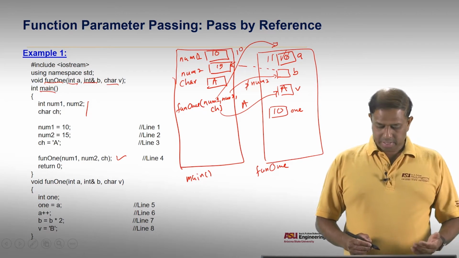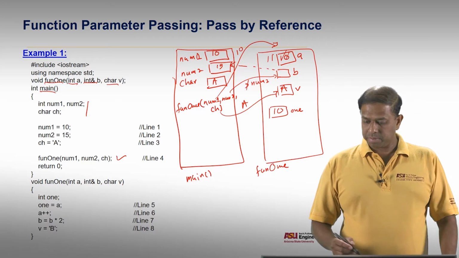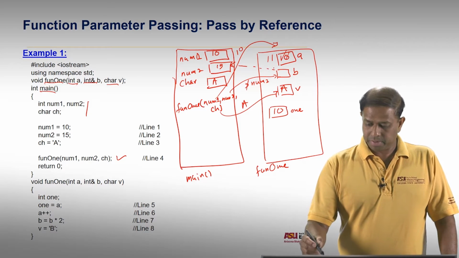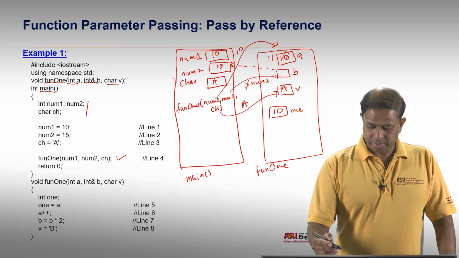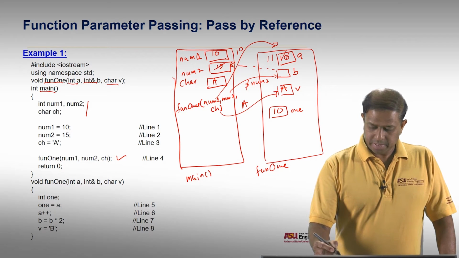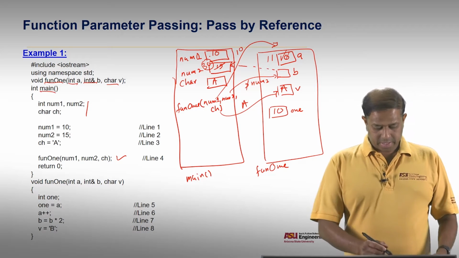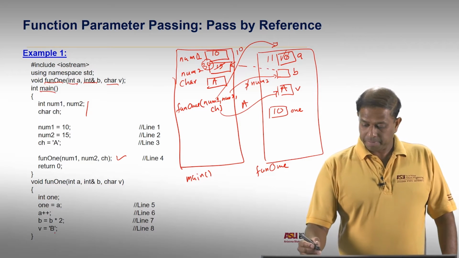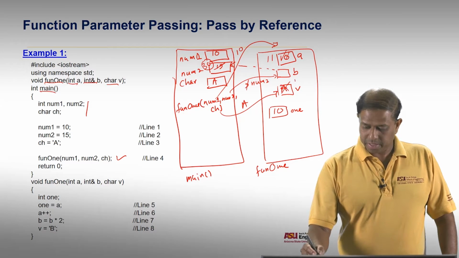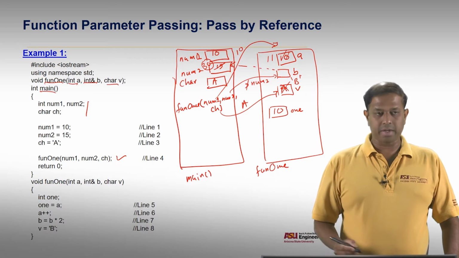Now we are saying b equals b times 2. Since b is pointing at num2, we will be changing num2 to 30. So 30 is the new value for num2. Now we are saying v equals b, so v will be changed to the character b.